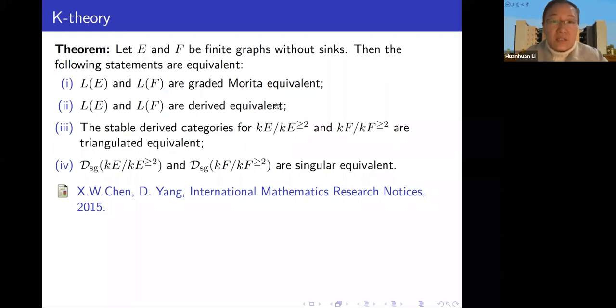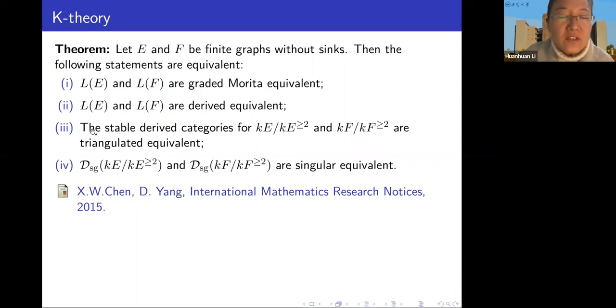And here the derived category for these differential graded algebras is introduced using differential graded categories language.